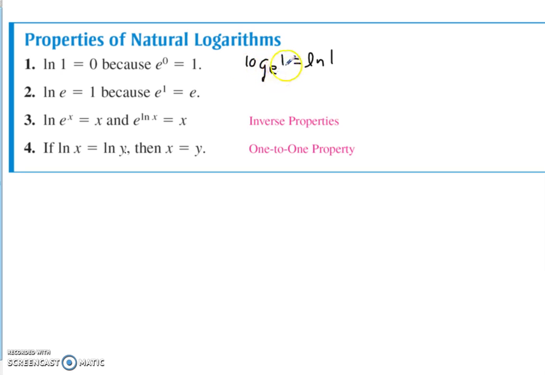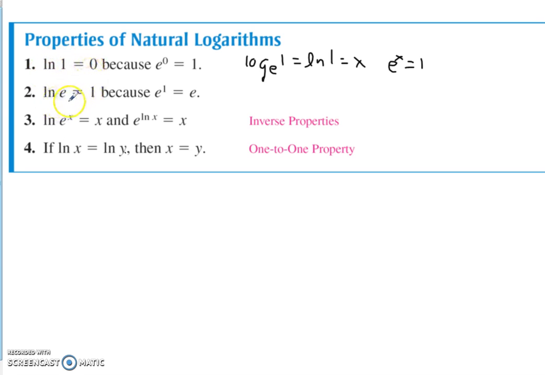Log base e of 1 really means, let's say that's equal to x. That means my base, e to the x power, which I don't know what it is right now, is equal to 1. Well, the only way that works is if x is 0. And so that's why we get natural log of 1 is equal to 0.